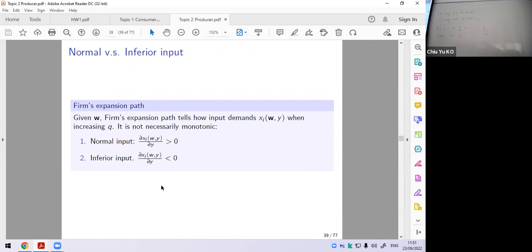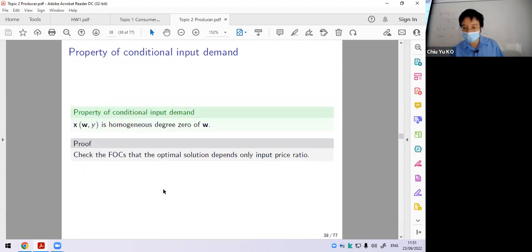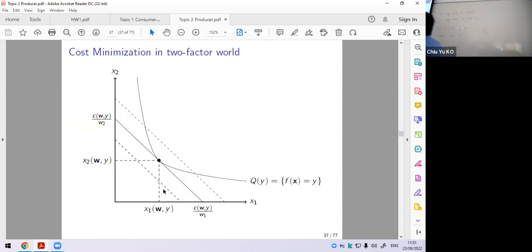In the consumer problem, it's like asking how my demand changes if I change my income. It's the same here: if I change my total output, what does it look like? Maybe I draw it here.